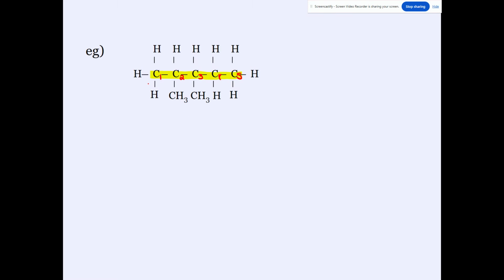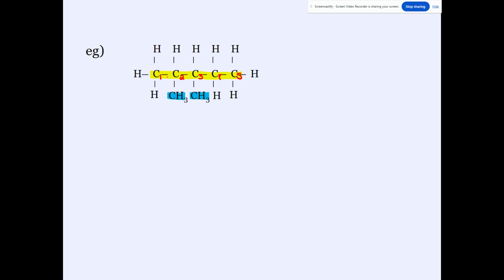I'm numbering it in this direction because I want my branches to have the lowest possible number. I have a methyl branch and another methyl branch, on carbon 2 and 3, numbering from left to right to get the lowest number.